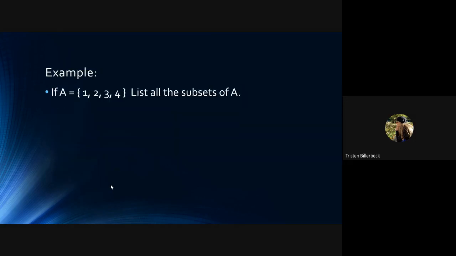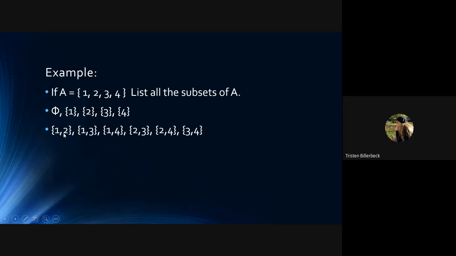Okay, so here's an example. If A is the set of 1, 2, 3, 4, list all the subsets of A. Well, that's going to take a while. We can't forget phi. Then there's the set of 1, the set of 2, the set of 3, the set of 4. But we're not done yet.